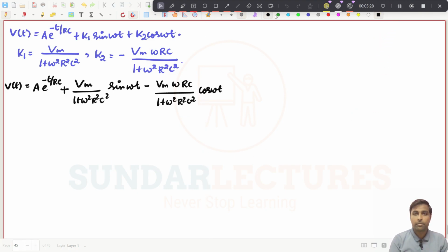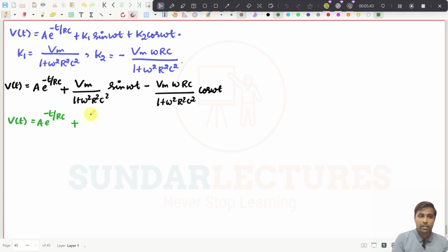So what I am going to do now is take a common term. V of t will be equal to A e power minus t by RC, which will be there already. I am just taking Vm divided by square root of 1 plus omega square R square C square outside as common.